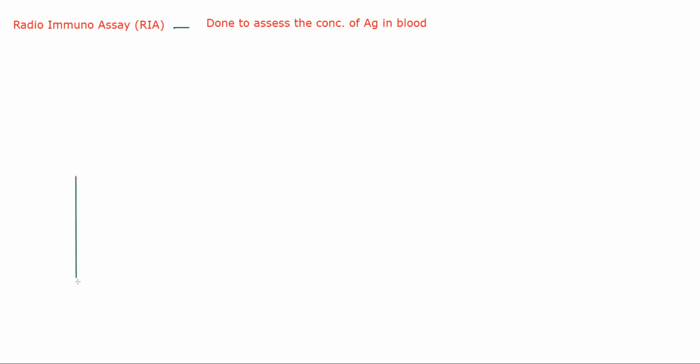I'll show you. Let's suppose I'm taking one of those wells. There are 96 such wells in one tray, and I'm focusing on only one well.